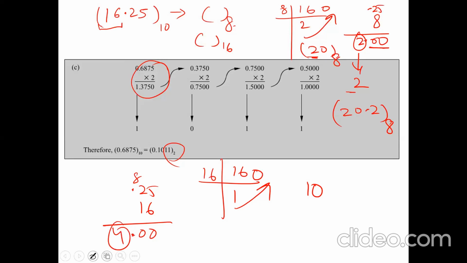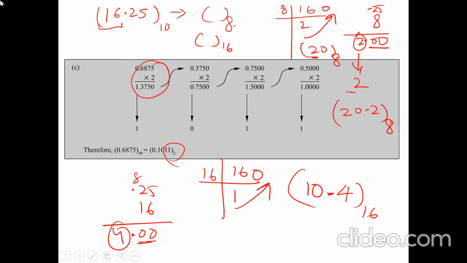Save this part, 4, and multiply. No need to multiply by 0 because it will also give you 0. The final answer is 10.4, in terms of base 16. This is how we can convert decimal to binary, decimal to octal, and decimal to hexadecimal.